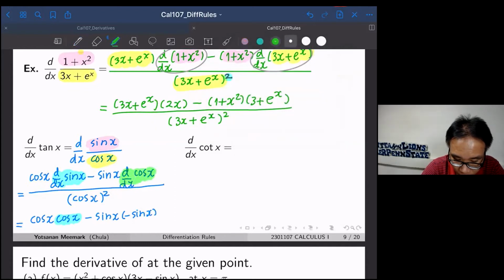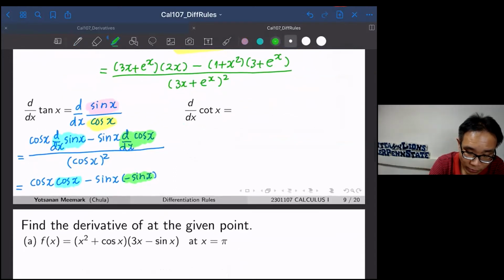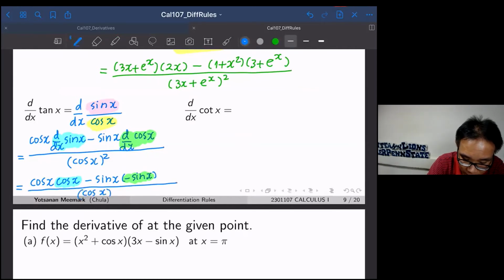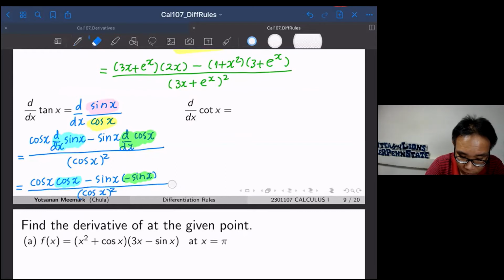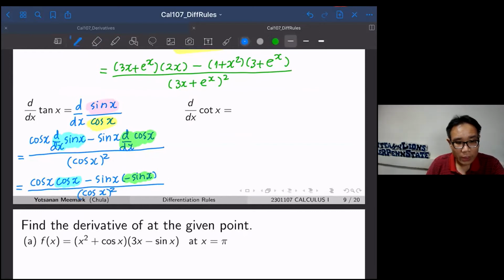Diff cos is negative sine, and it's going to be over cos square. So in this case, you get cos x times cos x minus sine x times negative sine x, over cos square.